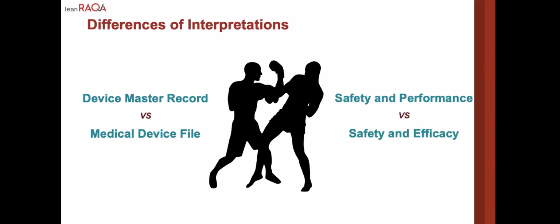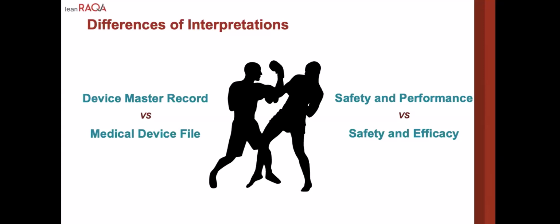Another thing they said was that anytime you see safety and efficacy referred to in FDA literature, it's basically the same thing as safety and performance in ISO 13485. In my personal opinion, there is an inherent difference between performance and being efficacious.